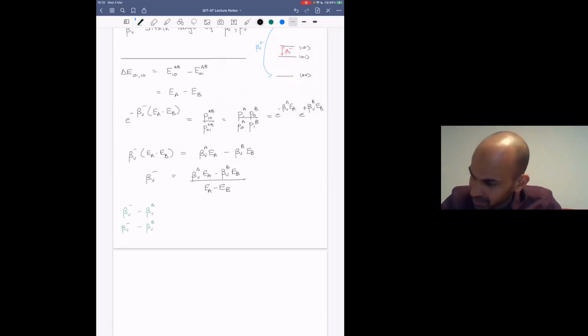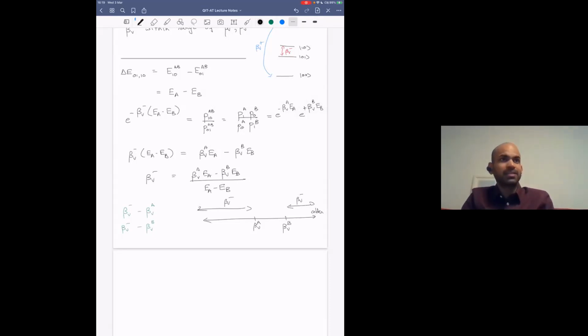So on the axis of beta, this is beta VA, and let's assume that beta VB is the higher one, so it's the colder one. Remember that with beta, the higher beta, the colder it is. Beta V minus is somewhere in this range.